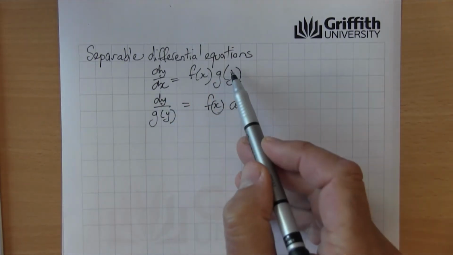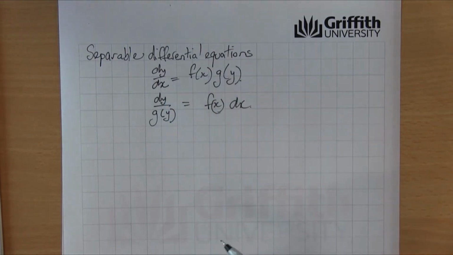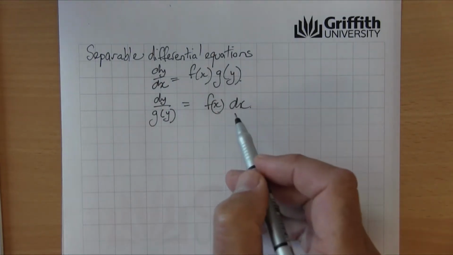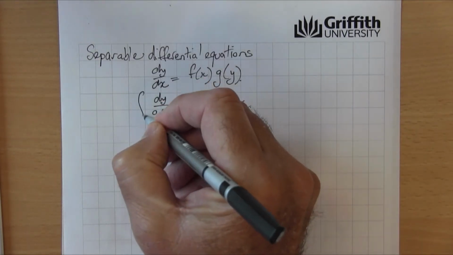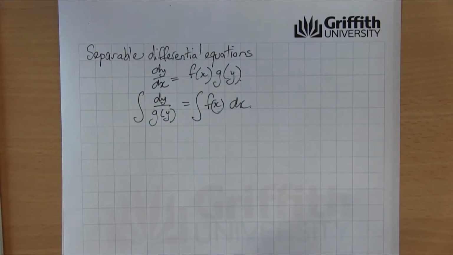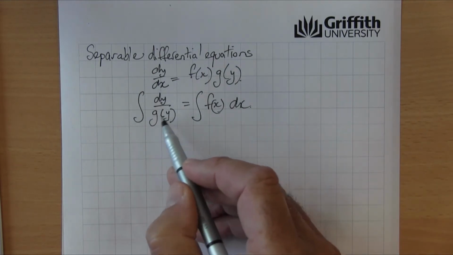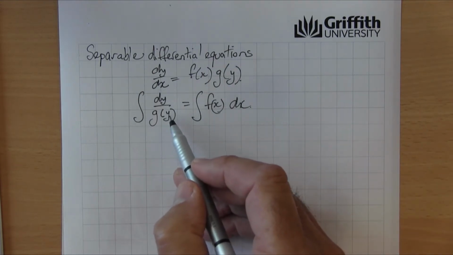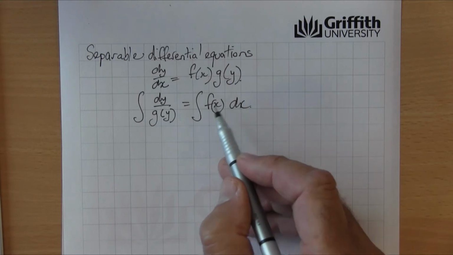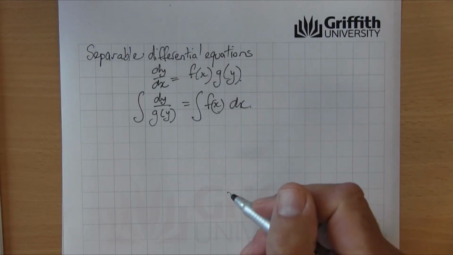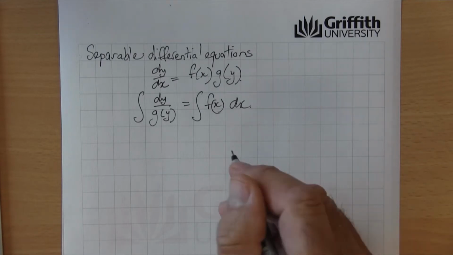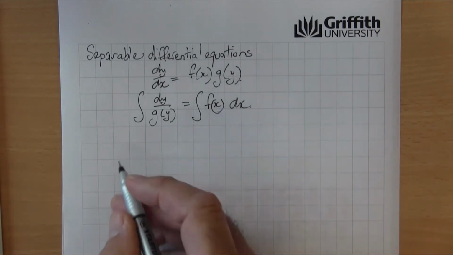So the dx has come over there and the g of y has come down there. That is a true equation, and if we find the integral of both sides, then the integral of 1 on g of y with respect to y is equal to the integral of f of x with respect to x. Let's have a look at an example of how this would work.